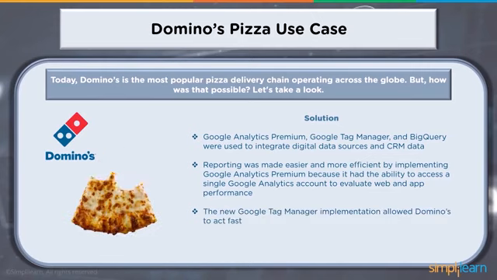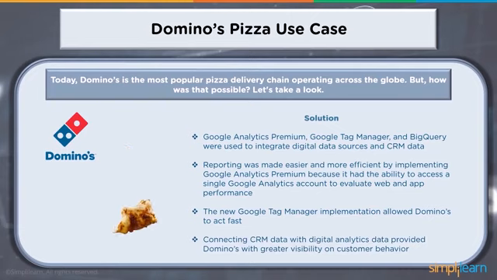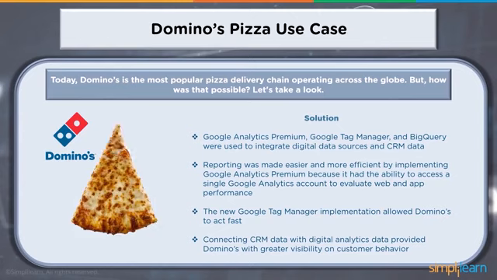By using the new Google Tag Manager implementation, Domino's were able to act fast. They were able to connect CRM data with digital analytics, which provided Domino's with greater visibility on customer behavior.